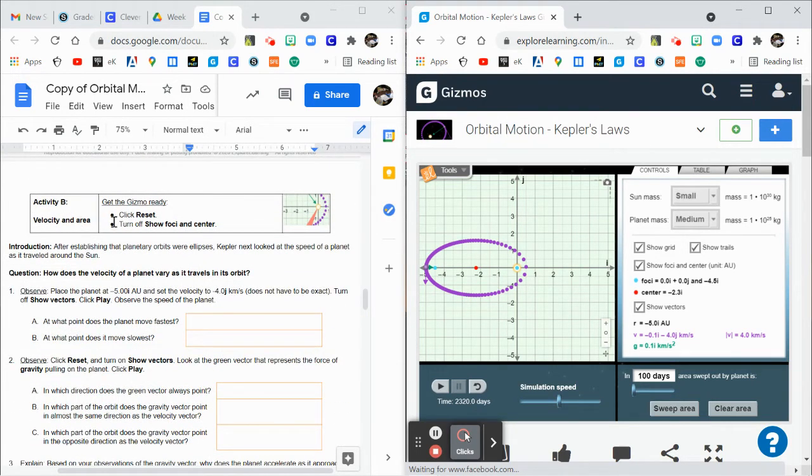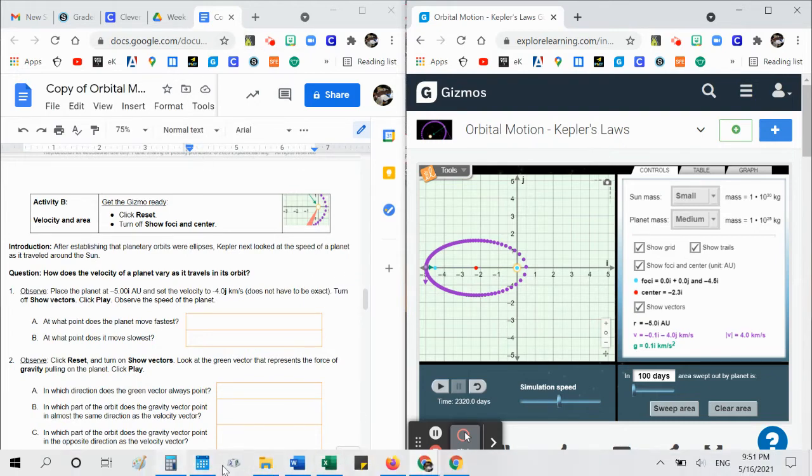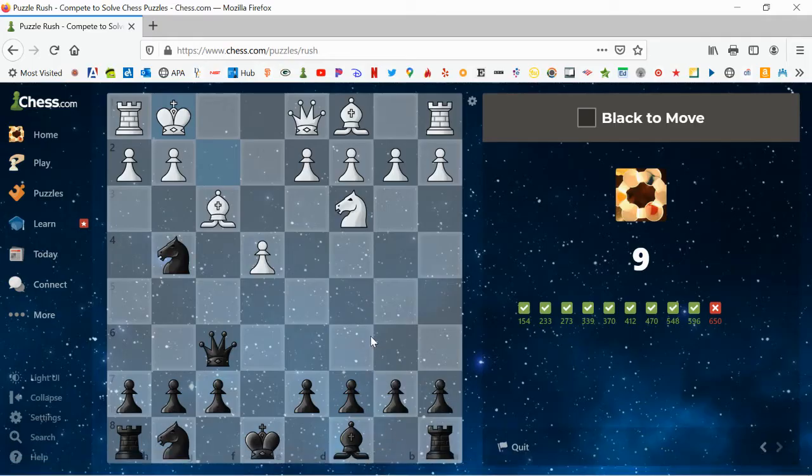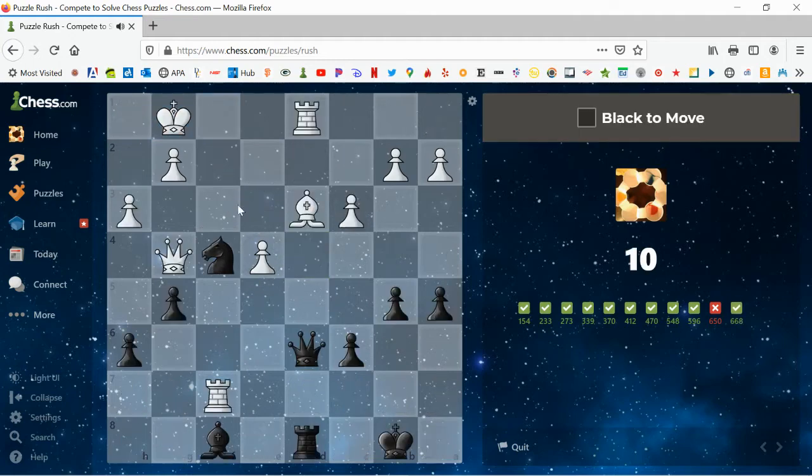All right, so velocity and area. Let's take a mental break for a second. Let's see this one. So this is a... there you go.